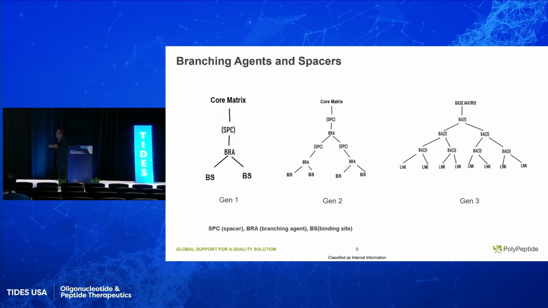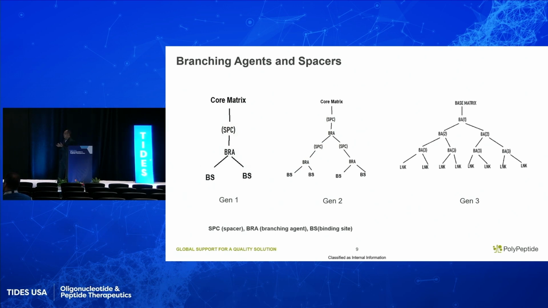So this is just the basic scheme of how branching is done. The core matrix is a polystyrene resin, and immediately after that is a spacer. We have several different types of spacer, followed by a branching agent. You branch this out once, and we call this generation 1. You expand the original binding site on the resin 2 times.